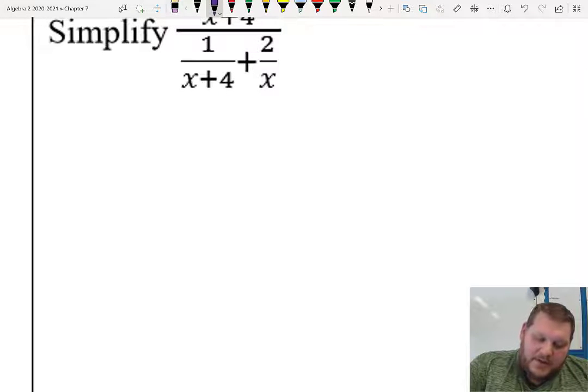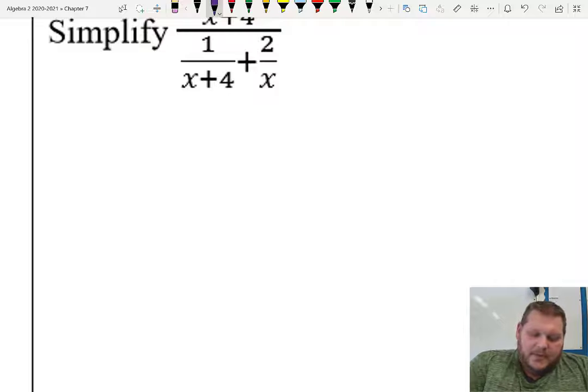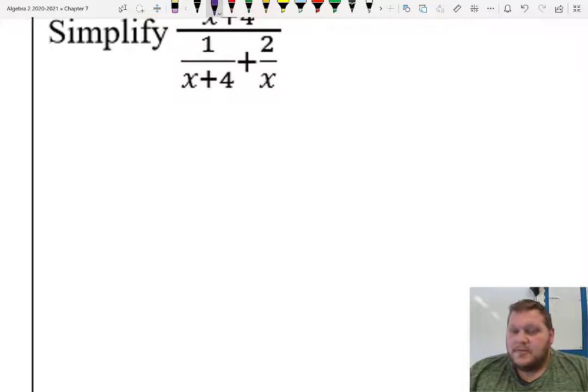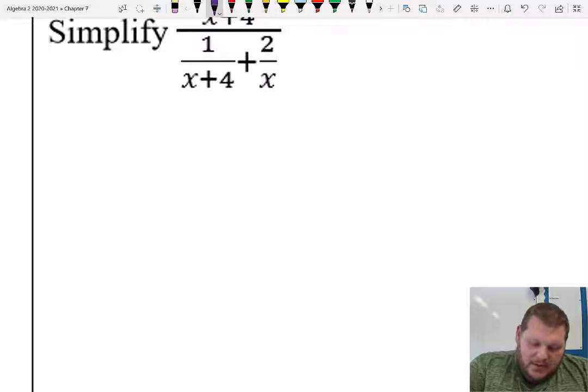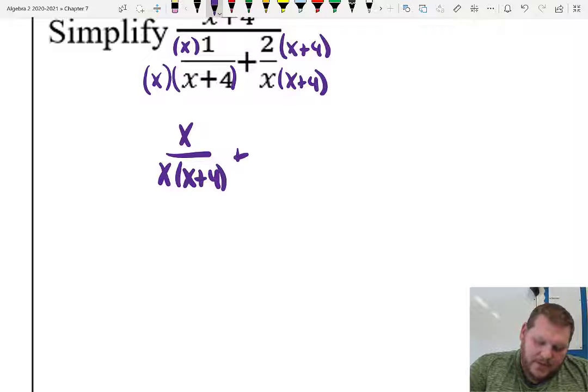So if we do this like we did yesterday, or like we did in 7.2, x plus 4 and x are my 2 denominators. If I multiply by what's missing, my first fraction is missing the x in order to be a common denominator. My second fraction is missing the x plus 4 to make this a common denominator, which tells me x over x times x plus 4 plus 2x plus 8 all over x times x plus 4.